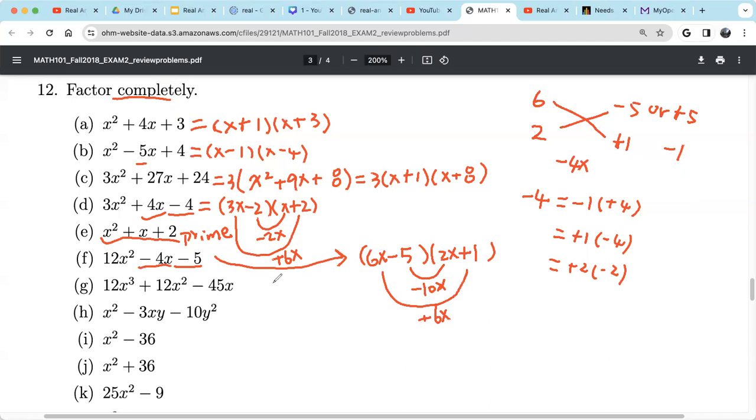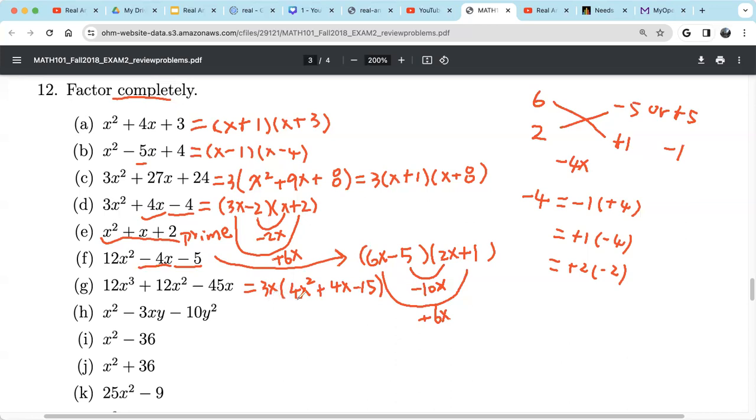Now let's see g. In g, we see every term has a common factor of 3x. So once we factor out 3x, we get 4x squared plus 4x minus 15, because 3 times 15 is 45, right?